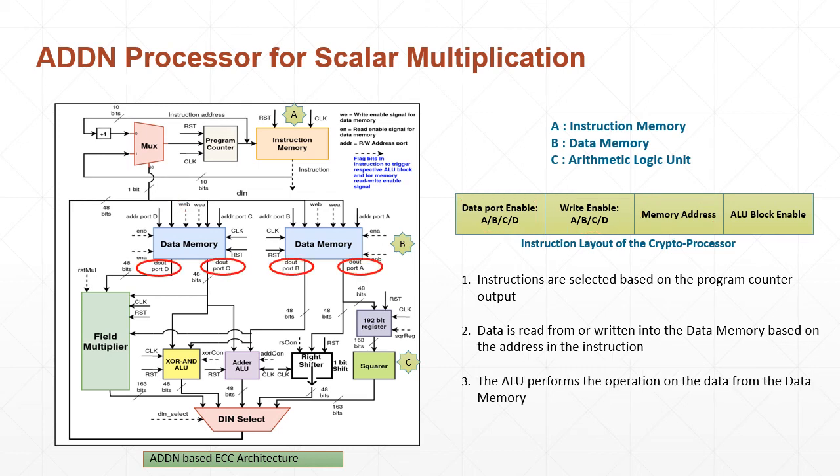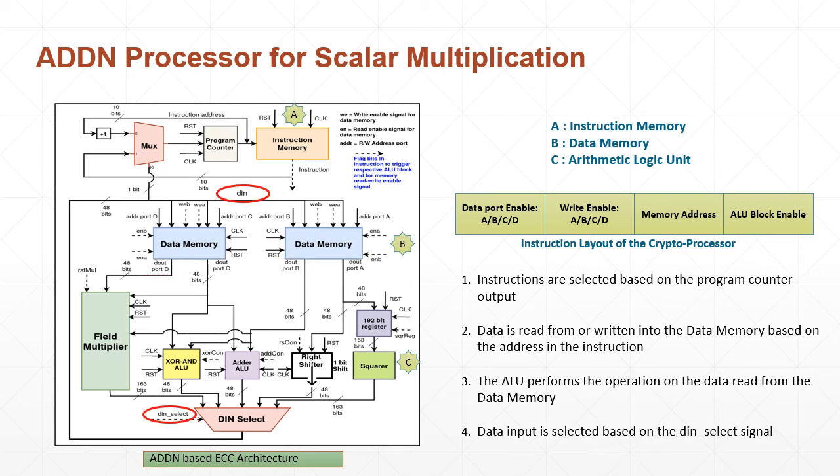Whatever data is read from the data memory, operations are performed on that data by the arithmetic and logic unit. Based on whichever ALU unit needs to be activated, the DIN select module selects the data based on the DIN select input and delivers the output of the ALU unit to the data memory.